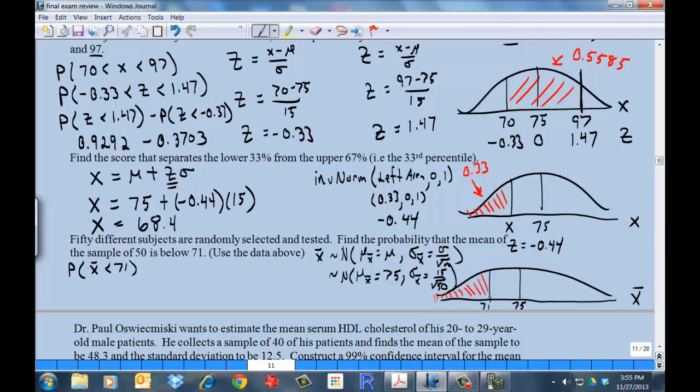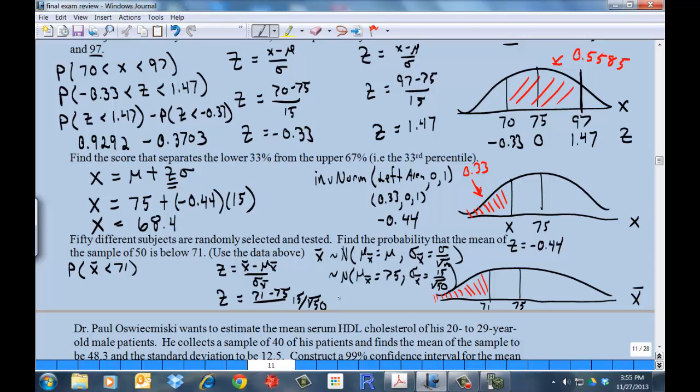Now again, what we have to do is we have to convert our boundary point. So let's convert our boundary point using the z-score formula. Z equals x bar minus mu x bar over sigma x bar. So this is going to be x bar is 71 minus 75, all divided by 15 over the square root of 50.